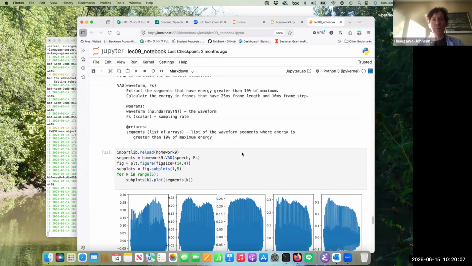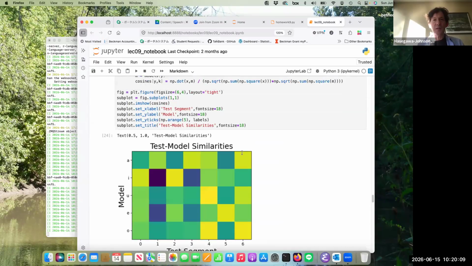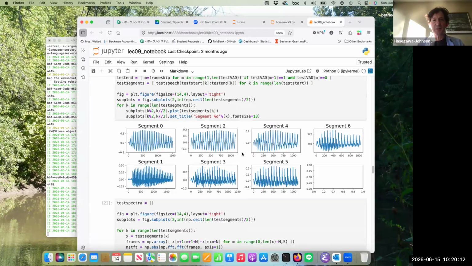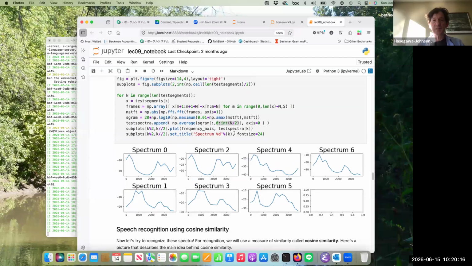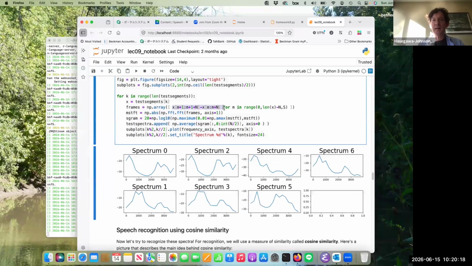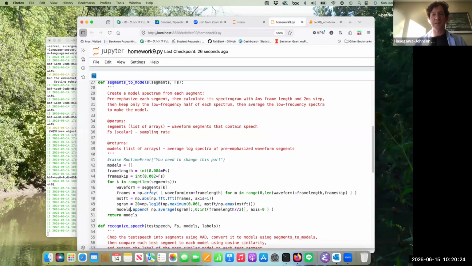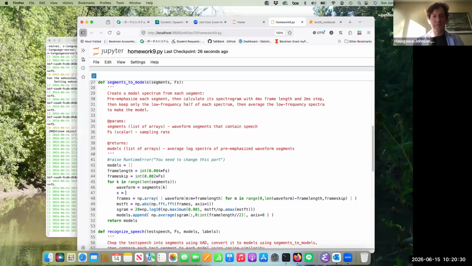It looks like I probably want to pre-emphasize those, doesn't it? Let's see, up here, did I pre-emphasize these? Oh yeah, look at that, I pre-emphasized those. I took the subtraction between x and x of n minus 1. So let's take the x is equal to waveform.